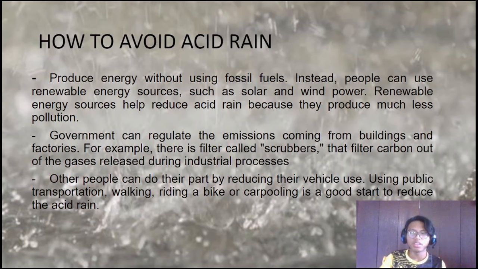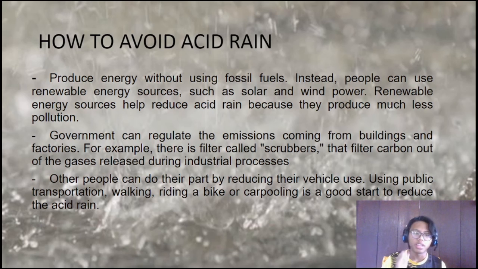This technology is attached to the chimneys of factories that use chemical substances and can emit carbon dioxide. So by using this technology, it can reduce the release of carbon dioxide.